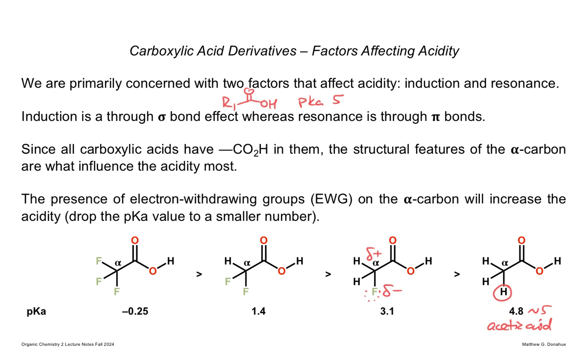I'll highlight it in blue here. So there's your OH bond. That fluorine is tugging through the sigma bonds because it's electronegative. So the more of those heteroatoms that you add, you can see it's increasingly dropping the pKa, increasing the acidity.